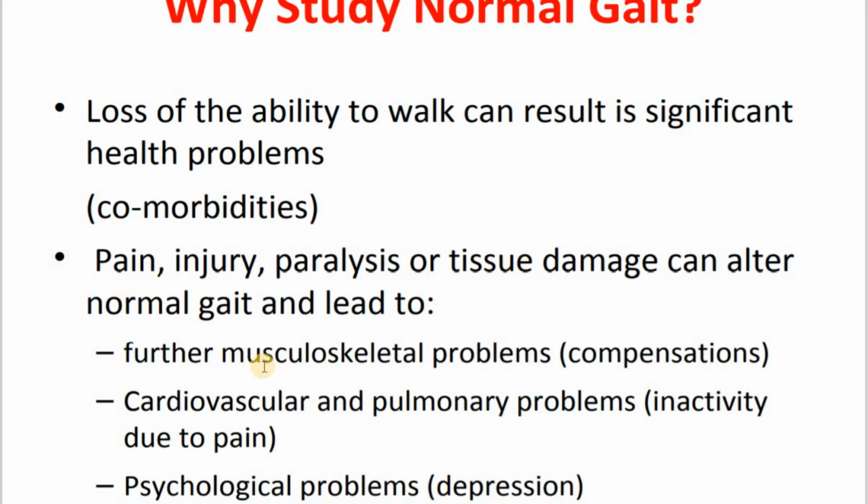Further, musculoskeletal compensations, such as back pain and hip hiking, can occur, and then cardiovascular and pulmonary problems can also arise from inactivity due to pain. There might be long periods of being bedridden in such cases, and psychological problems. They don't want to go out. As you know, in any pandemic kind of situation, people never like to go out. They stay depressed after seeing all the news, and they don't engage in any kind of physical activity.